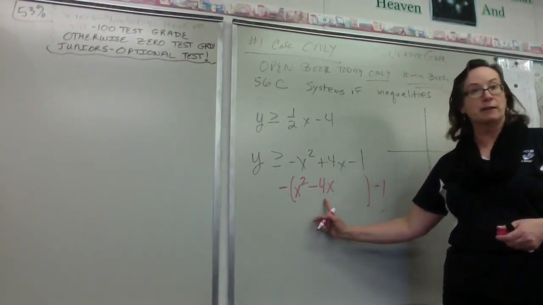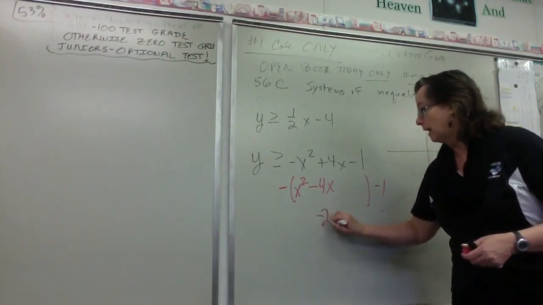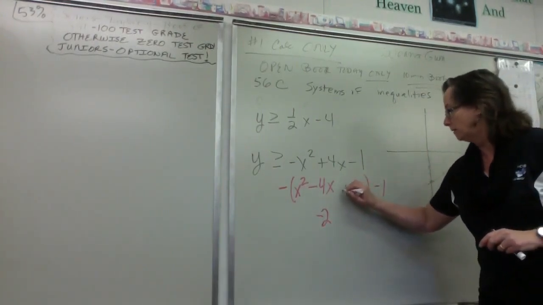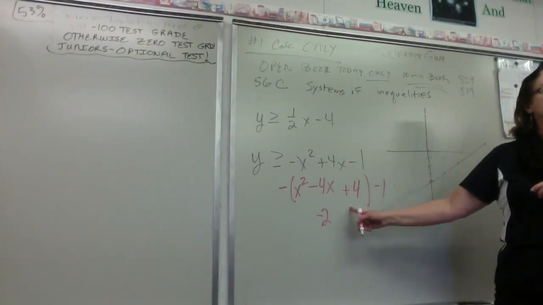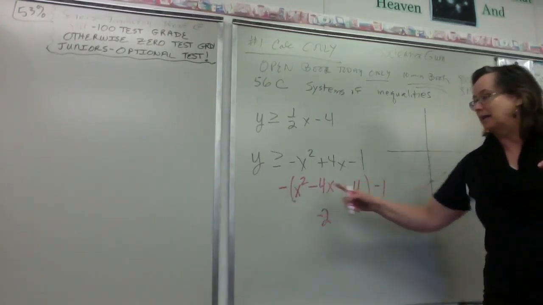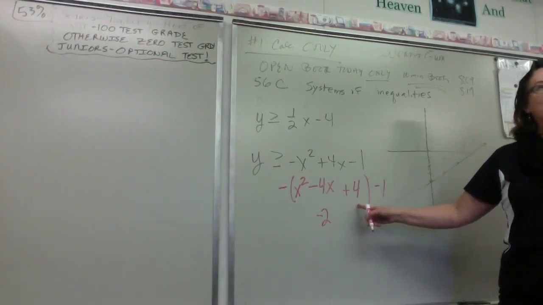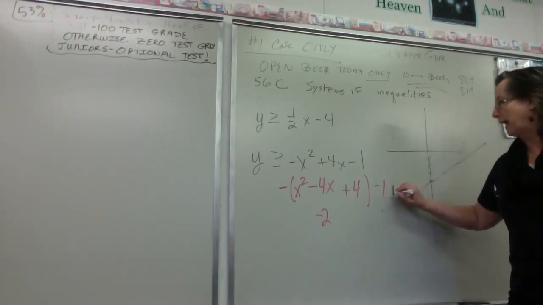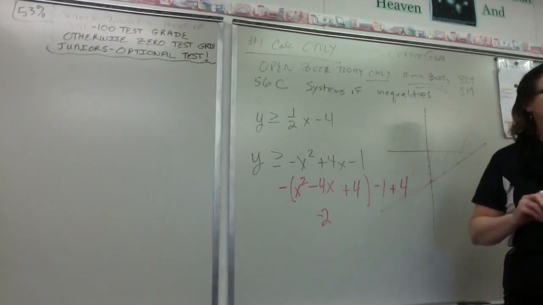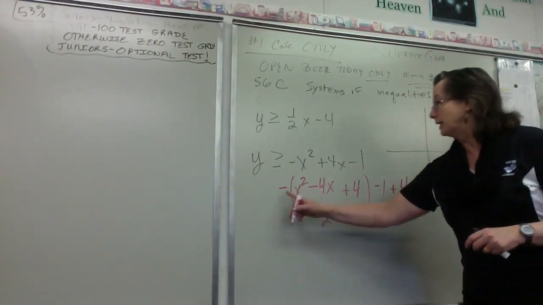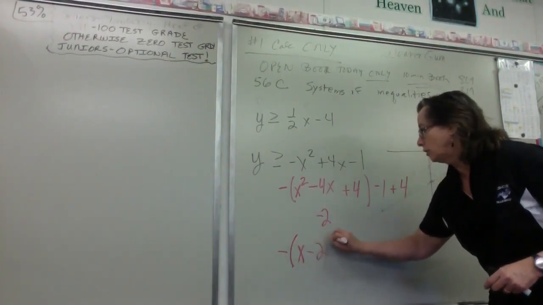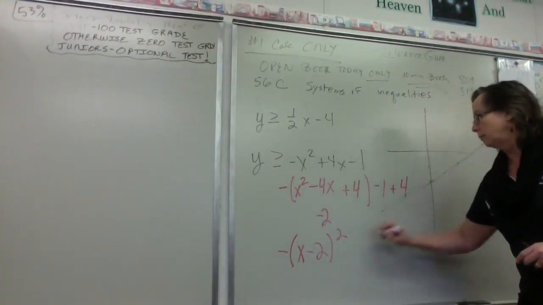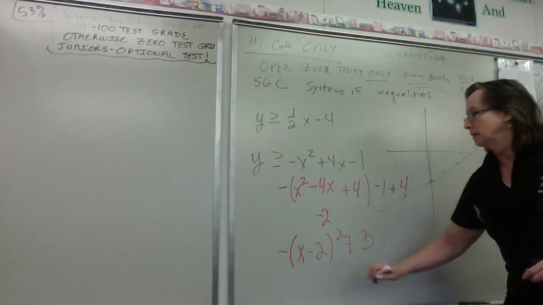Then I'm going to cut this one in half, -2. I'm going to square it, 4. But I really just added a what? Negative. I really just added a -4. Therefore, I will compensate by adding a +4 outside. Okay, so this one becomes negative x minus 2 quantity squared plus 3.